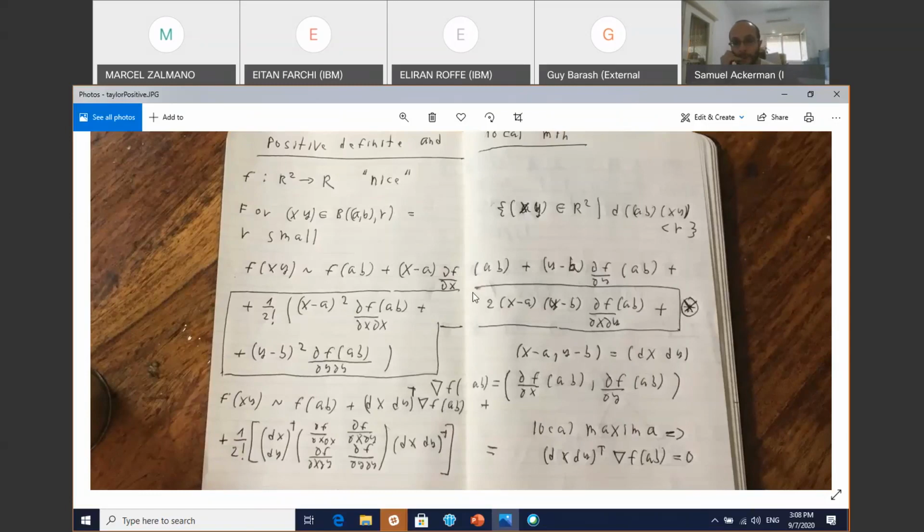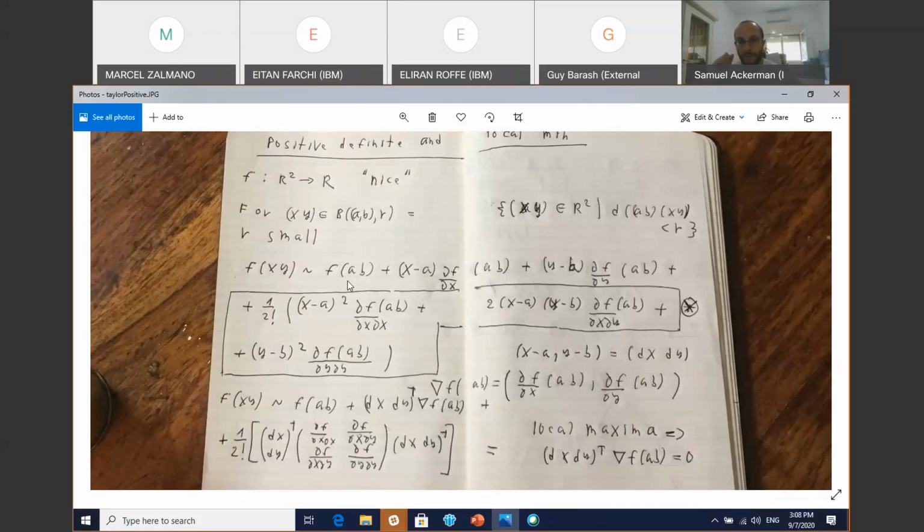Okay, the order doesn't matter. And so we take a function of two variables and we look at the Taylor approximation of the function in an area that is very close to a point. So we fix a point (a, b) and we look at the Taylor expansion close to that point.